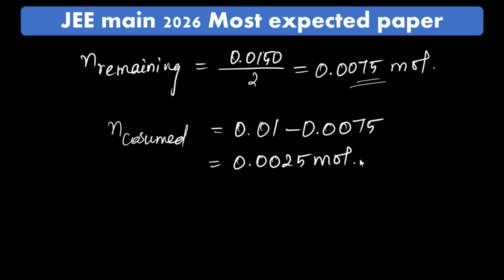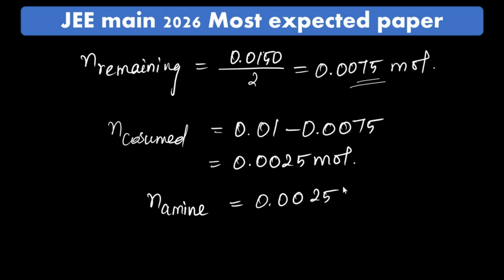That much is consumed in the second part after the reaction. Again, the number of moles of amine is equal to the number of moles of anhydride, which is equal to the number of moles of acetic acid formed. That is in the same ratio. So I can take the number of moles of amine as 0.0025, right?